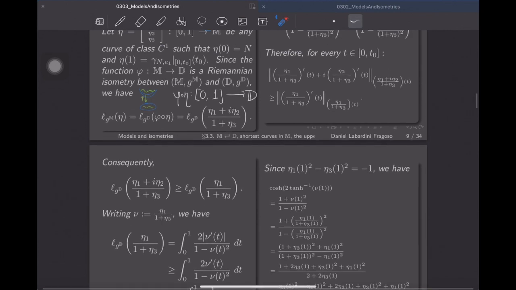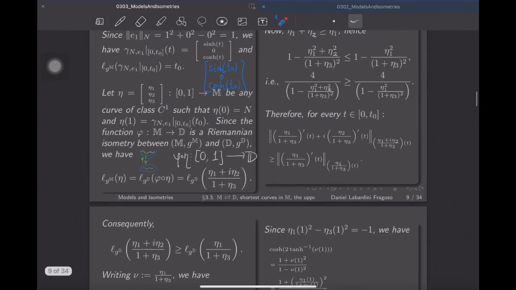Okay, and so you see this function, which is what I have to integrate for the length of this one, is greater or equal than this other thing that I would have to integrate, but now for this curve that has imaginary part equal to 0.